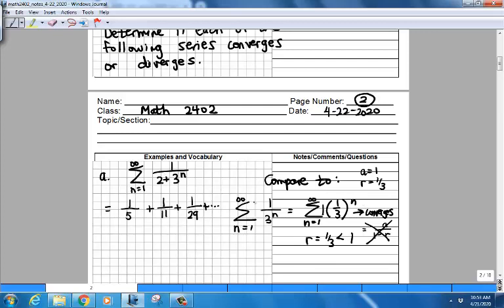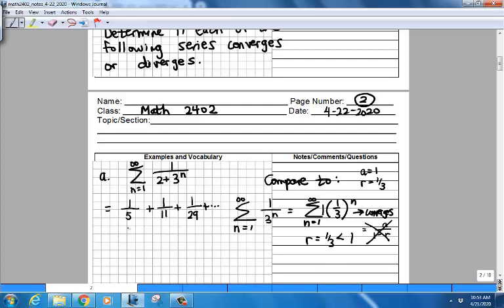So what we're hoping to do is use our knowledge of this series, the sum from n equals 1 to infinity of 1/3 to the nth power, and the fact that we know that it converges, to help us understand if this series converges. So how can I apply that knowledge?